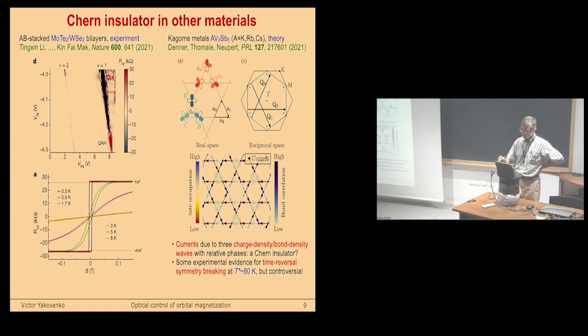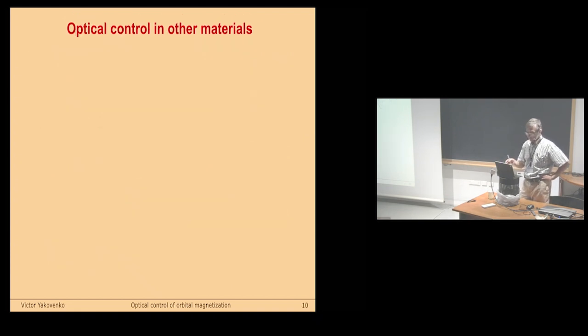The band structure of these Kagome systems may have flat parts at the Fermi level, which of course have nesting to create charge density waves, and if those three charge density waves have appropriate phase shifts, they could in principle break time reversal symmetry and produce something like a Chern insulator. But this is all very open, speculation both theoretically and experimentally. I don't want to speculate too much. This is hypothetical, may not work.